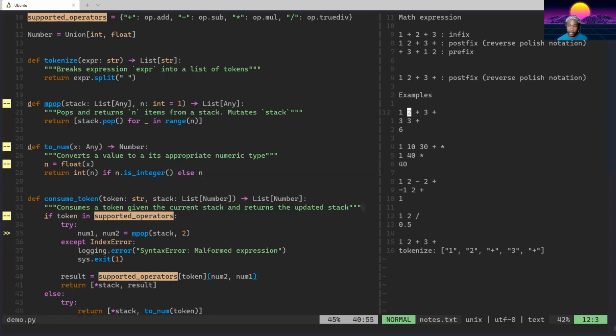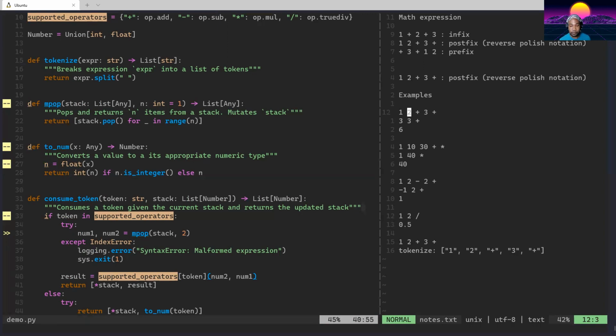And then we pop 1 off the stack, and that's encoded as num2. And perhaps I shouldn't use the names num1 and num2, because that implies a bit of order in there, where you might want num1 to be the first number here.